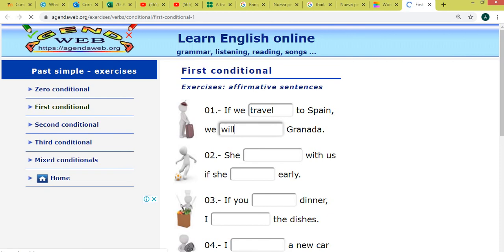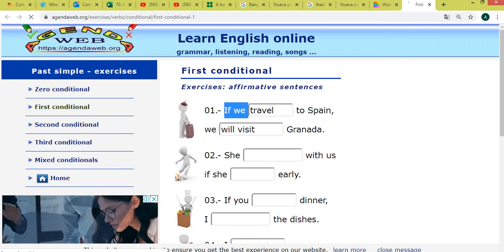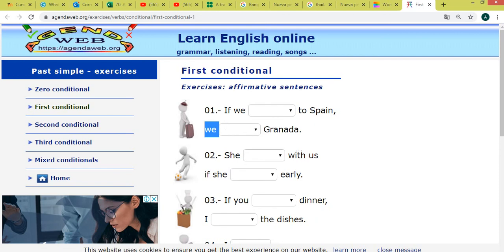The result in Spain is that we will visit Granada, maybe, right? So the idea is that you remember that this is in simple present and the result is in future.